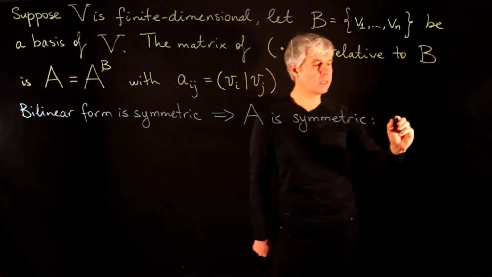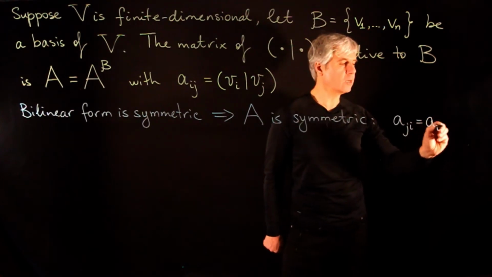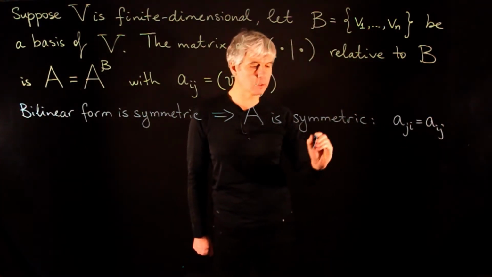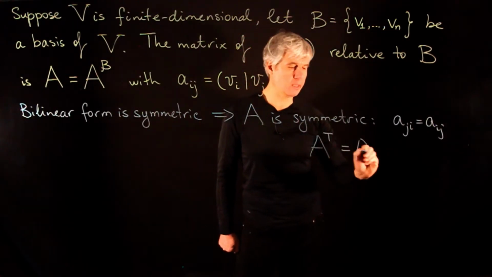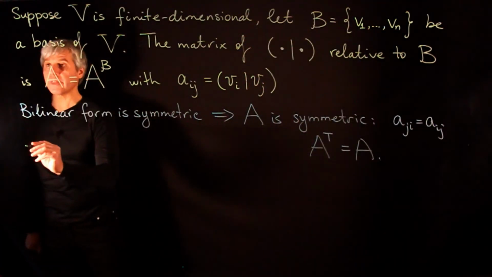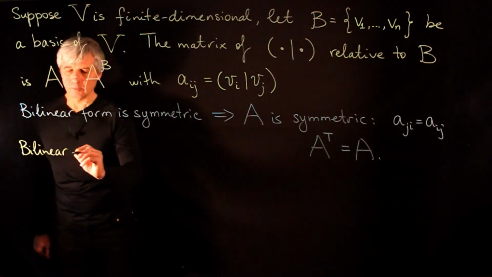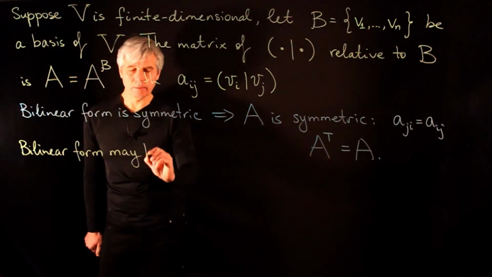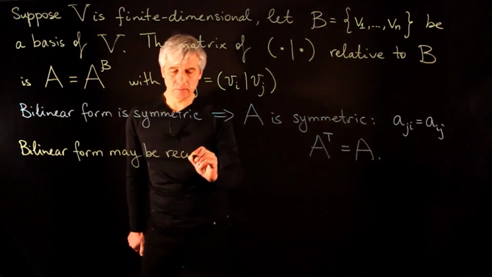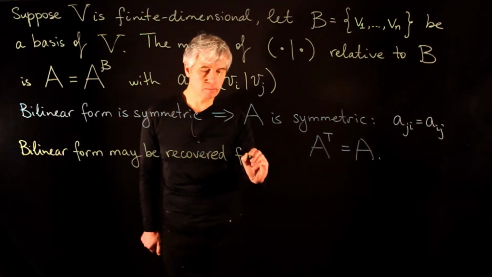So that is a_ji is equal to a_ij, or this can be also expressed as A transpose is equal to A. Let us show that the bilinear form may be recovered from its matrix.